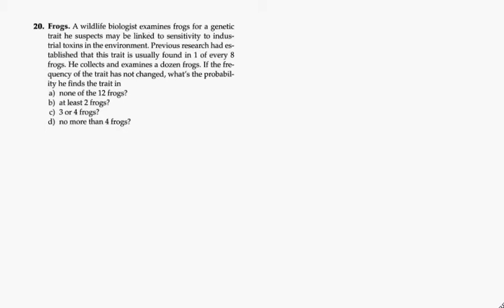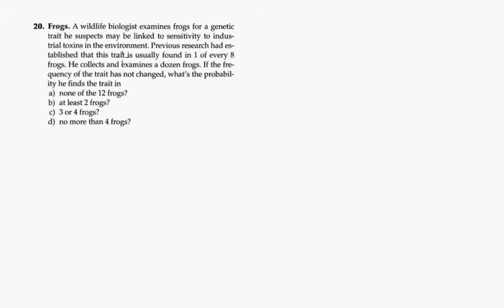Okay, this is problem 20 of chapter 17. So if you've read over the problem, you'll see that these biologists are doing research on frogs, and they think there's some genetic trait that's associated with their frog sensitivity to toxins in the environment.